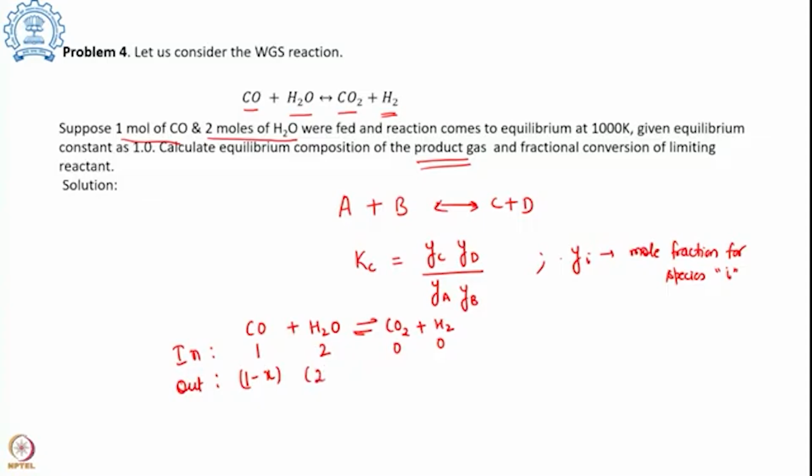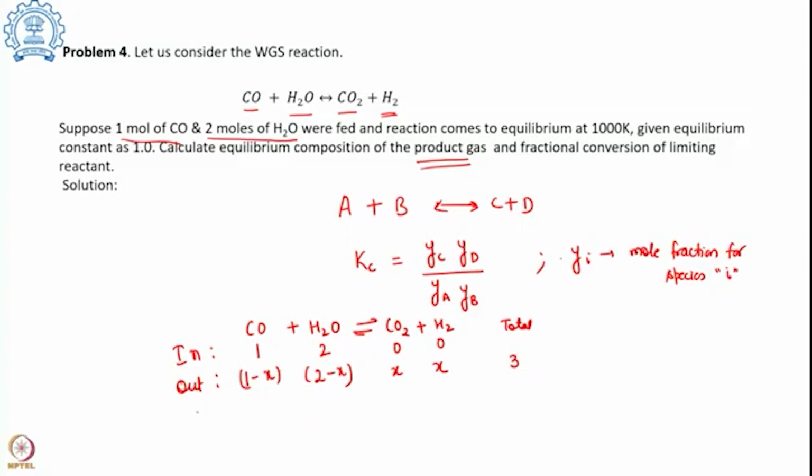Similarly, certain amount of steam could be left out, so 2 minus x, and the amount of CO2 formed on the product side, let us say it is x, and H2 is also x. Now if we look at the total number of moles, then this adds up to give us 3.